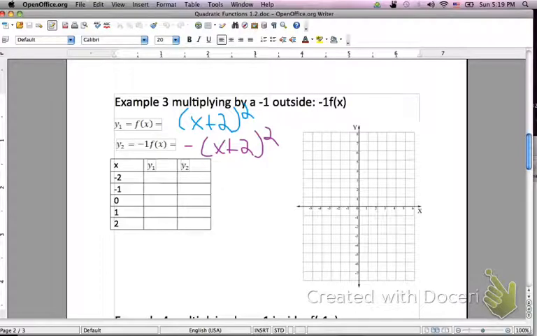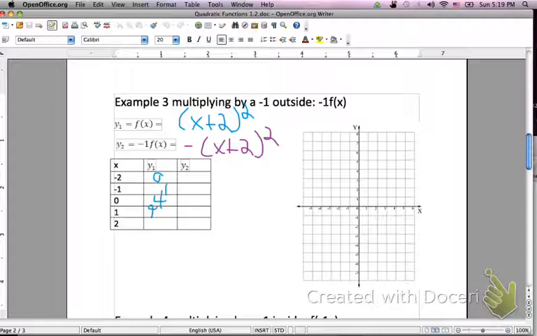Okay, so we can go ahead and fill in my table. You can use the table from the previous problem because we used x plus 2 squared. So a negative 2 plus 2 is 0, 0 squared is 0, so we have 0. A negative 1 plus 2 is 1, 1 squared is 1. 0 plus 2 is 2, 2 squared is 4.